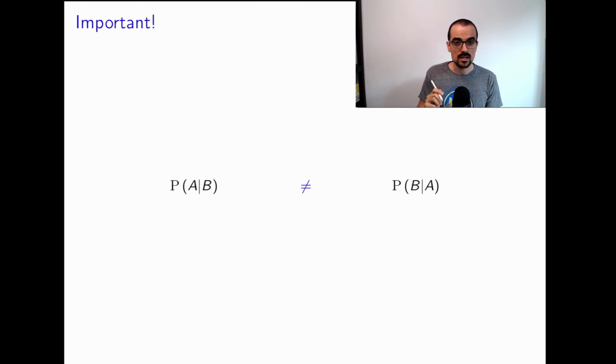Okay, so now let's take a closer look at conditional probabilities, because the first time you start dealing with them, you might be tempted to say, well, isn't the probability of A given B essentially the same as the probability of B given A? And it's really not. Let me give you an example. Consider that A is playing in the NBA and B is owning a basketball.